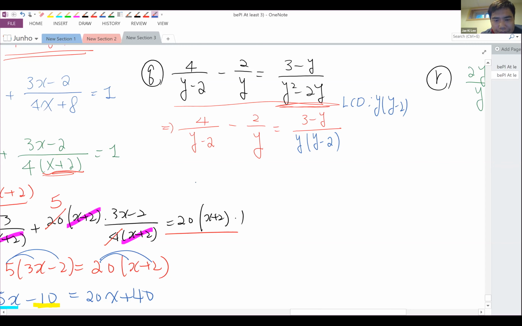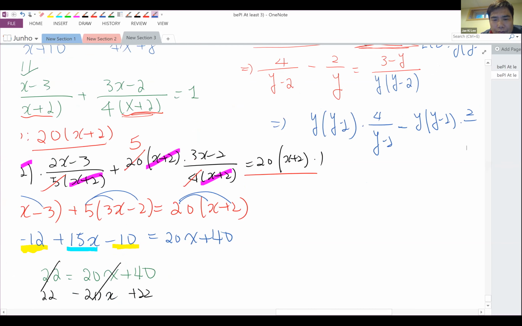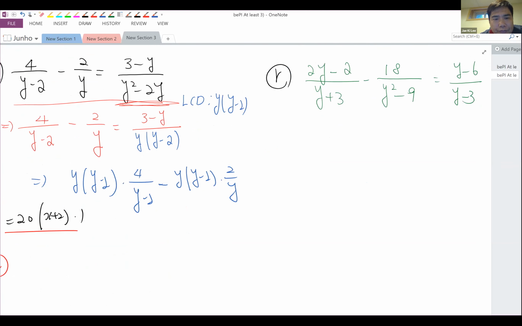Okay, then y times (y minus 2) times 4 over (y minus 2), minus y times (y minus 2) times 2 over y, equal to (3 minus y) over (y minus 2) times y times (y minus 2).